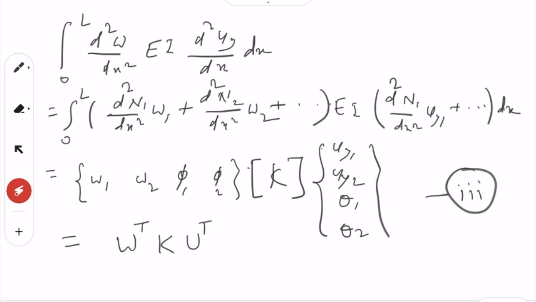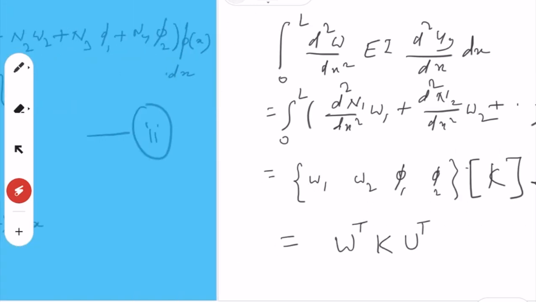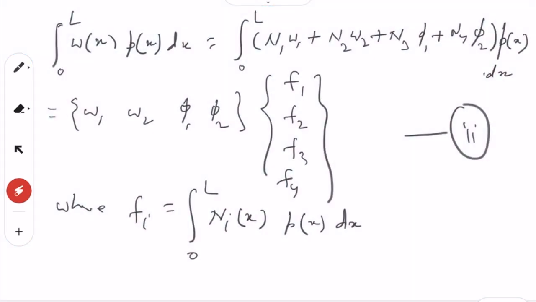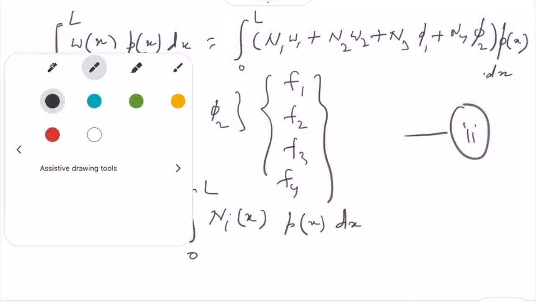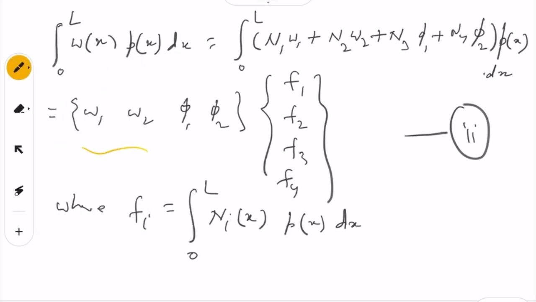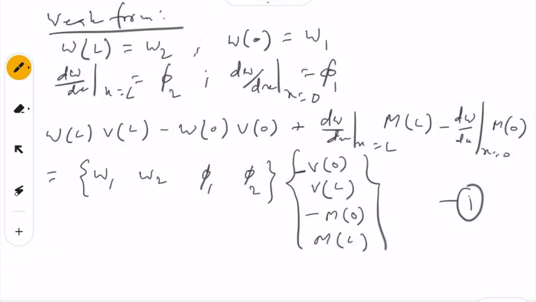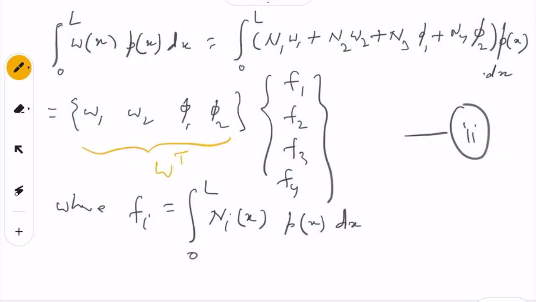Okay, so where this is a w vector, this is a k vector, and this one is a u vector. In this case we can assume this is as wt. Here also we have this as wt. So what do we get?